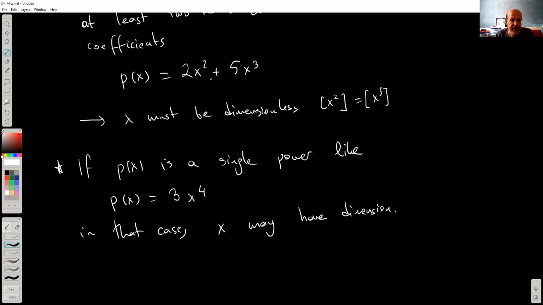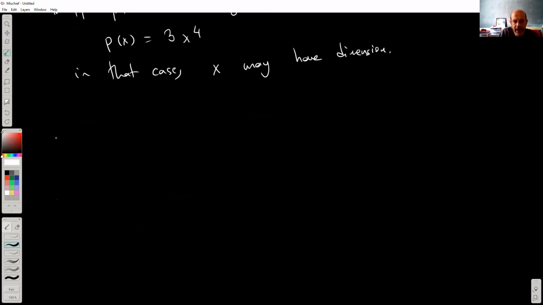Okay, in any case, by using these kinds of rules, you can somehow analyze a formula. So I'm just going to write down a formula in here. It is unimportant.